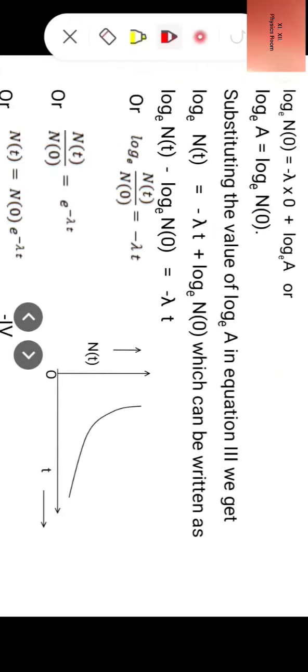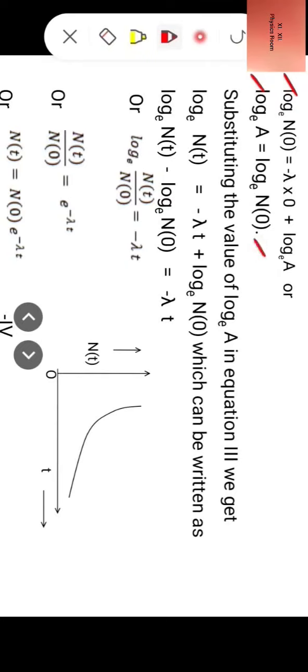Now applying boundary conditions, that is when t is equal to 0, then Nt would be equal to N0, where N0 is maximum number of atoms in the given radioactive sample. Now substituting in equation 3, we get log N0 is equal to minus lambda into 0 plus log A, or log A is equal to log N0.